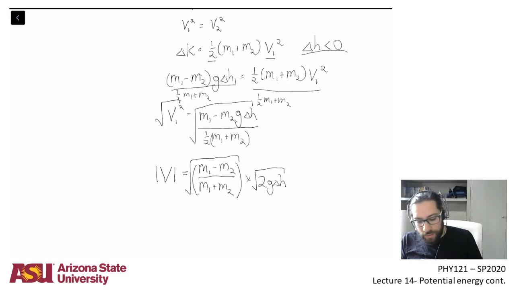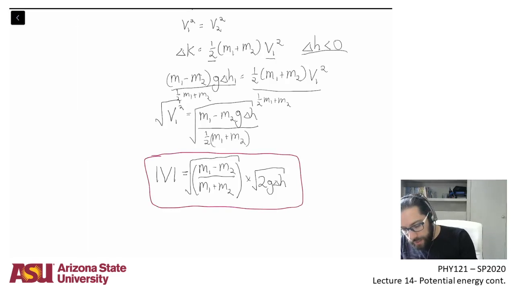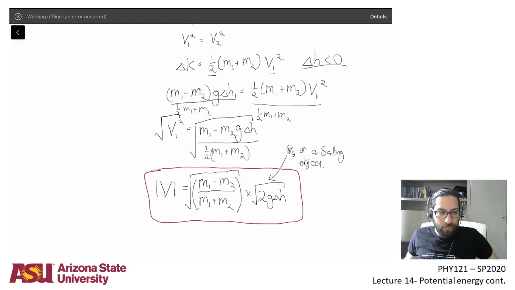Why have I written it this way? I've written it this way because you should recognize this as the final velocity of an object that's fallen from some height, right?